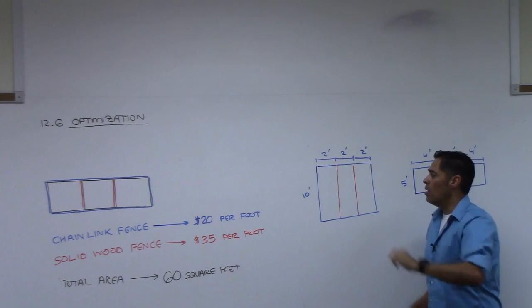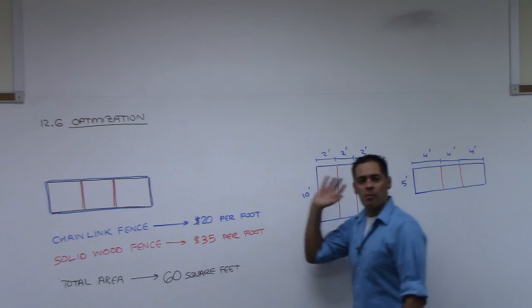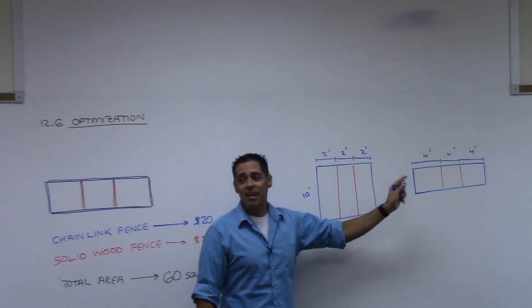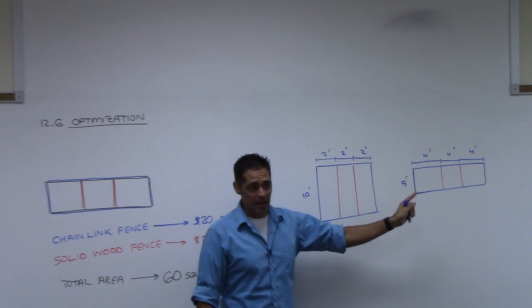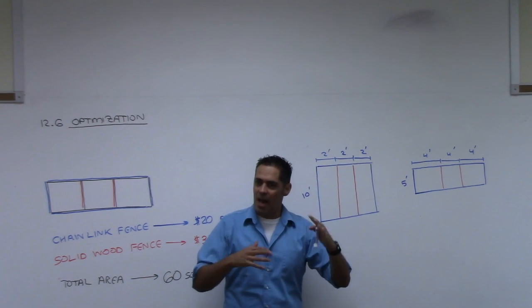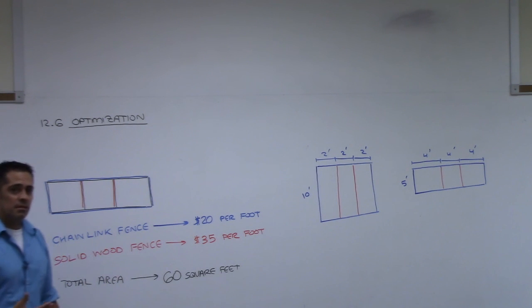Let me simplify the problem. What if this was all chain link? Everything was chain link. Forget the wood. What if it was all chain link? Would it matter which way I do it? It actually turns out it does matter. It still matters. Okay? It matters. I'd have to show you examples, but it matters, the way you build it.